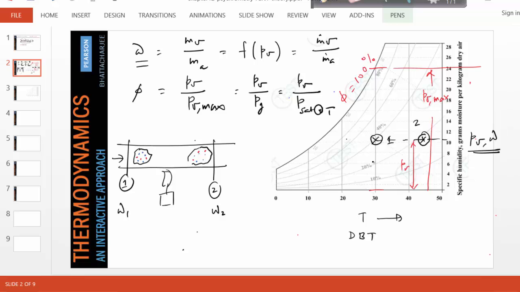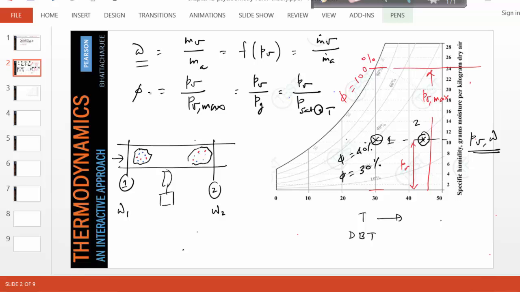As you can see, the relative humidity here is phi equals 30%, and over here phi was 40%. So yes, the relative humidity decreases, and we call it drier air because our skin responds to relative humidity, not vapor pressure. But as you can see, the vapor pressure or omega doesn't change at all.